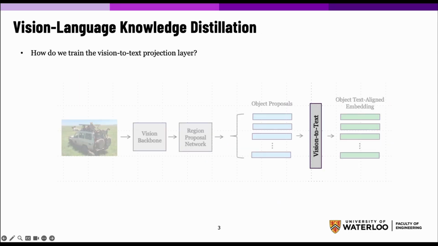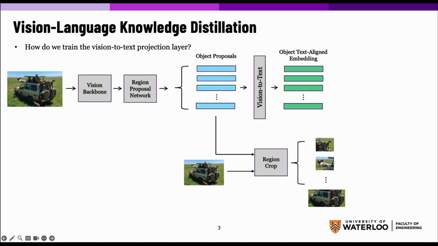So the question now is, I mentioned that there was a projection layer, a vision to text projection layer, right? So the idea is you want to take your object features and map them to the same space where it's aligned with text. Now that's another challenge in itself, but let's take a look at how we do it.